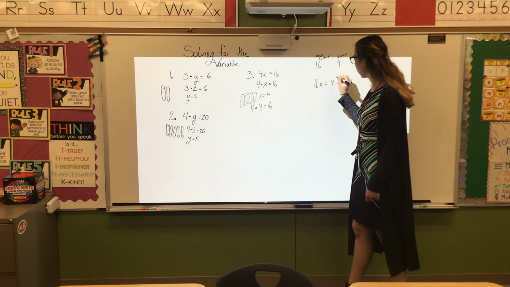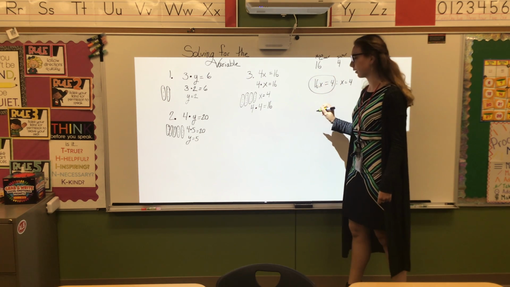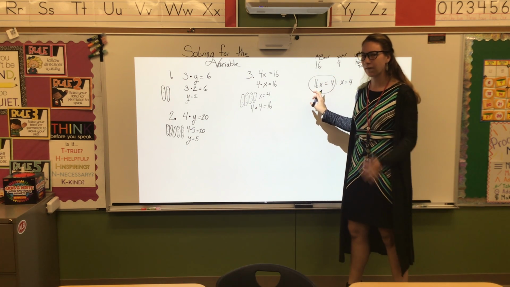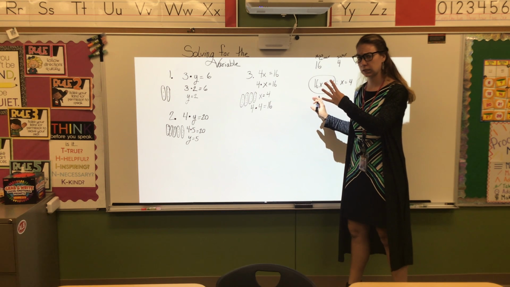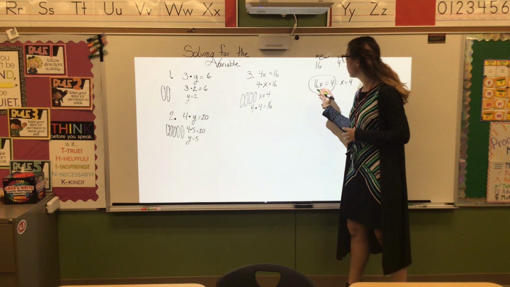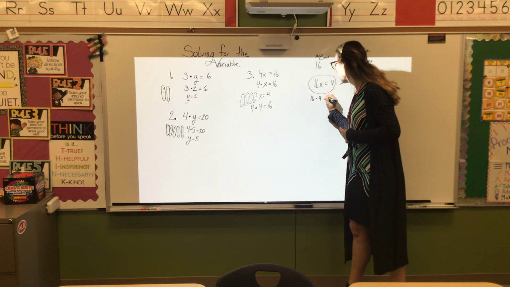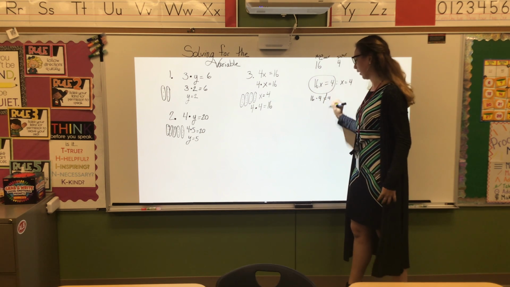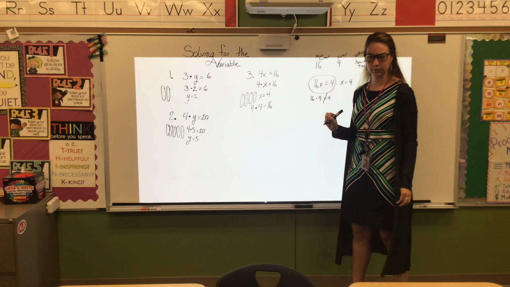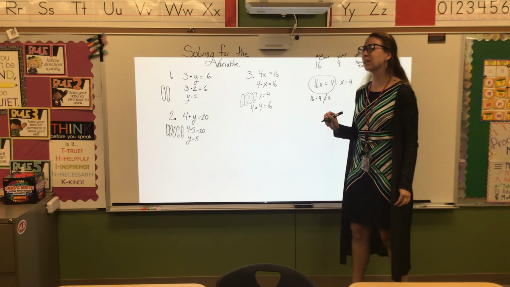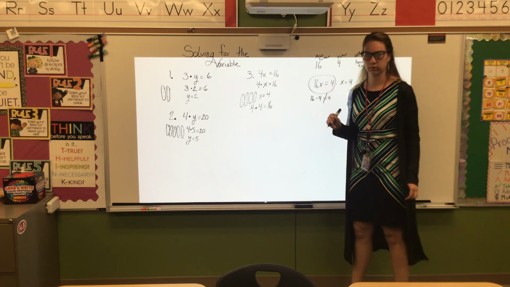But this equation, if I did the actual math here, I would be doing 16 4 times. Okay? 16 times 4 does not equal 4. That's not right. 16 times 4 equals 64.